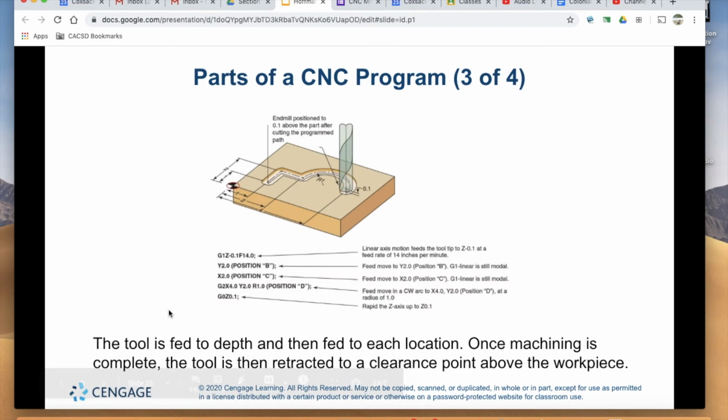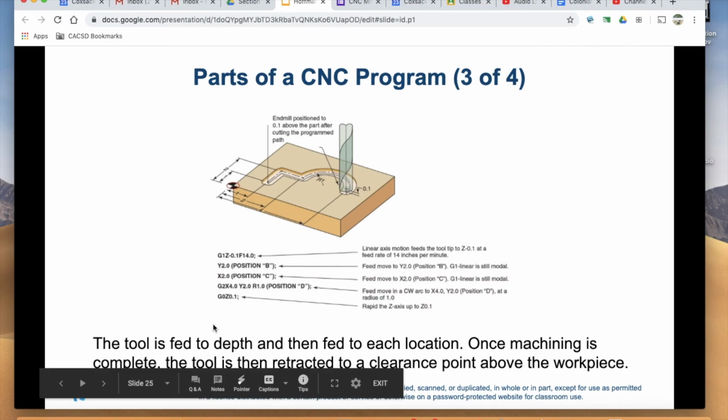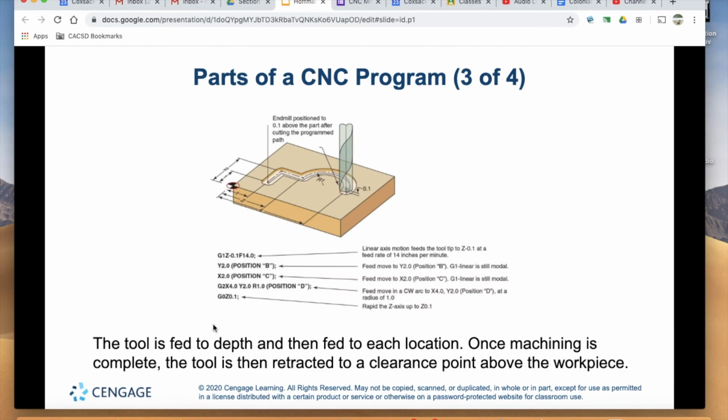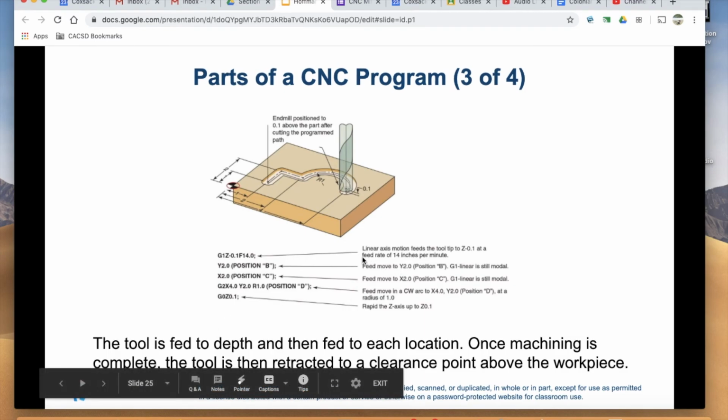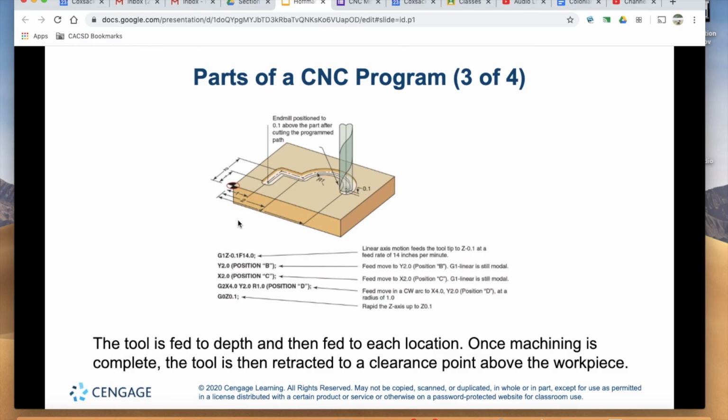Jumping into the next one, we've got the tool is fed to the depth, and then fed to each location. Once machining is complete, tool is then retracted to a clearance point above the workpiece. So we have a linear motion of G01 to Z negative 100 thousandths at a feed rate of 14 inches per minute. Once that is completed, we're going to jump to X and Y coordinates.